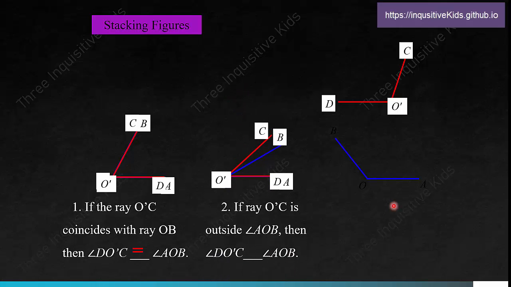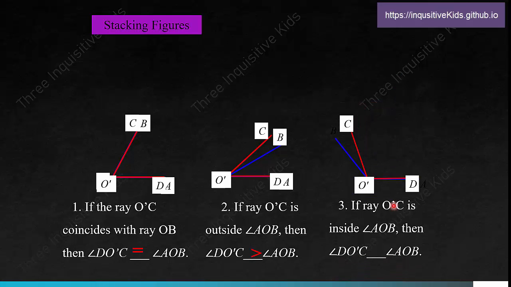If ray O prime C is outside angle AOB, then angle DO prime C is greater than angle AOB. And another one. If ray O prime C is inside angle AOB, then angle DO prime C is less than angle AOB.